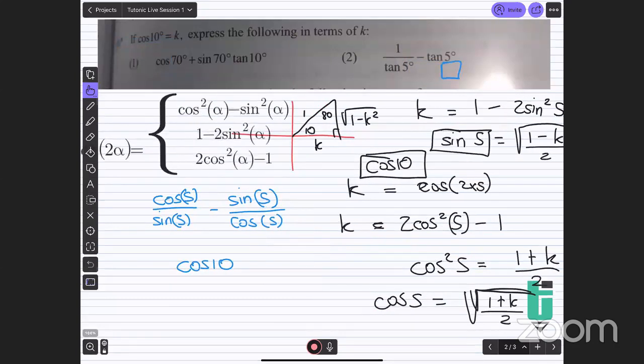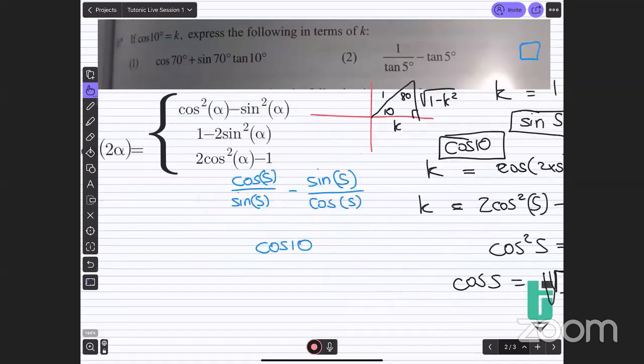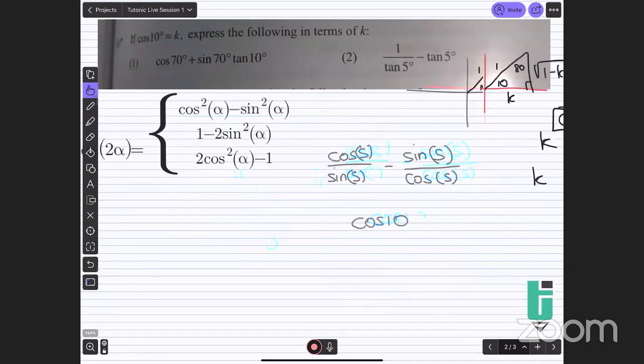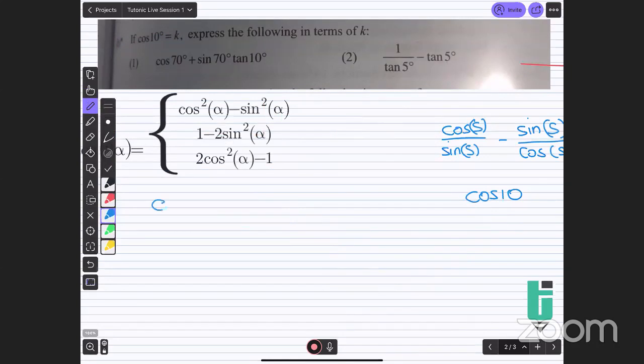Does this ring a bell? Yes. So if I choose cos of 10, then I can either change that to 1 minus 2 sine squared 5, or 2 cos squared 5 minus 1.